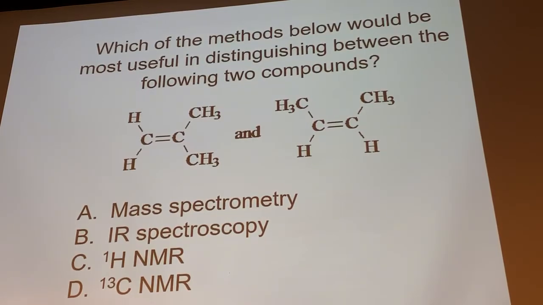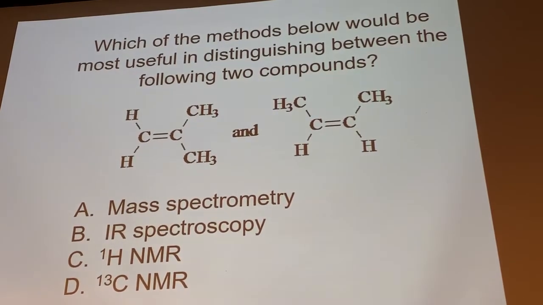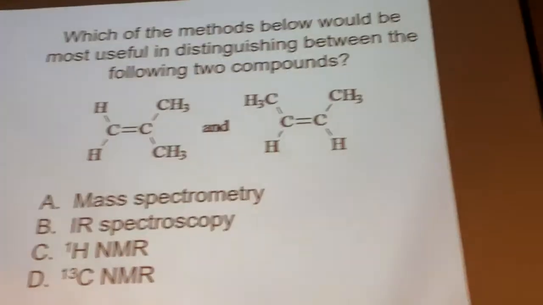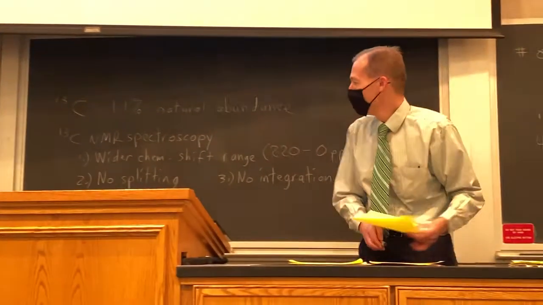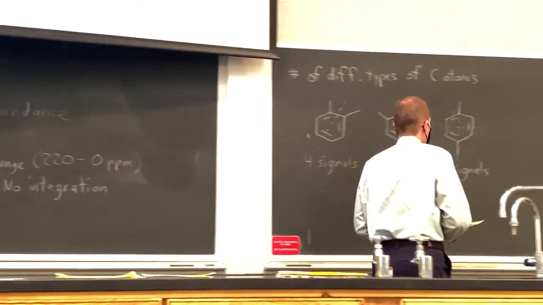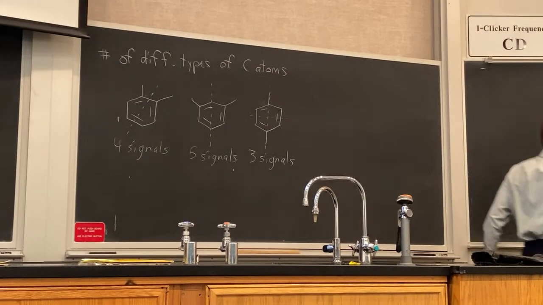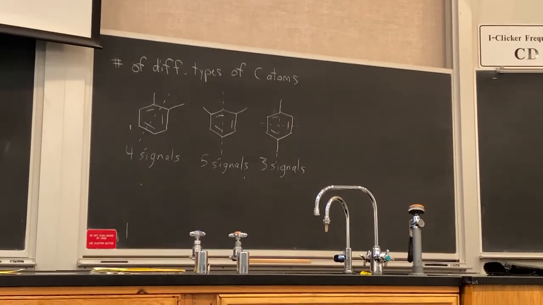All right. And with that, we conclude our discussion of NMR spectroscopy, and we turn the page to start discussing radicals. Okay? So let's go ahead and raise the board up.